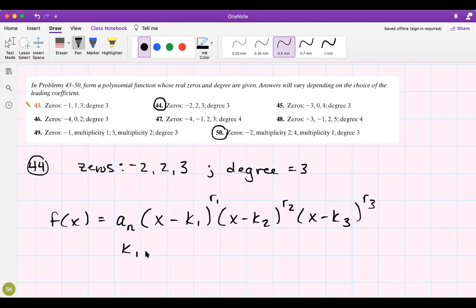So k1, k2, k3 are roots. And of course, if you have more roots, see my problem has 3 roots, but if you have more, then you would want to put more roots out, like x minus k4 to the r4 and so on. And these r_i's are our multiplicities.